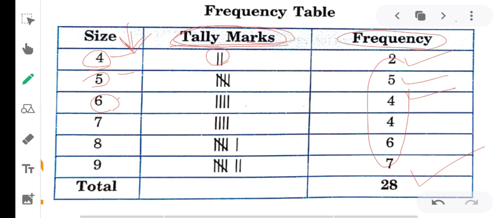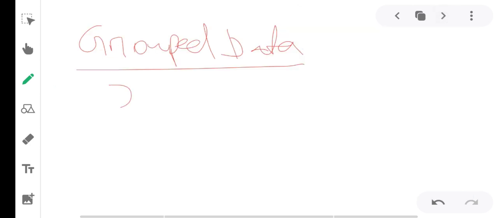What if the shoes are 28,000? In that case we'll make groups of suitable size. That is known as a grouped frequency distribution table.